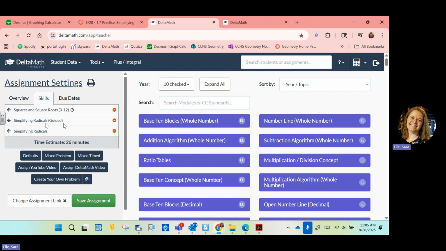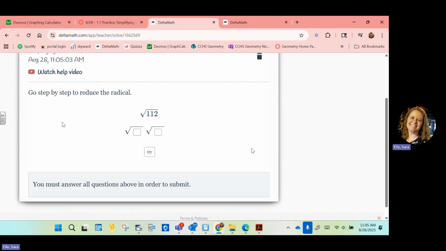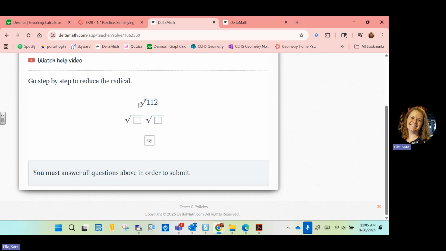But the guided one is having you do it a certain way. So I'm going to walk you through one so you understand the process. They want you to go step by step, and it doesn't say, but it wants you to start with perfect square factors. So it doesn't want you to just pick any random factors of 112. It wants you to use perfect square factors.